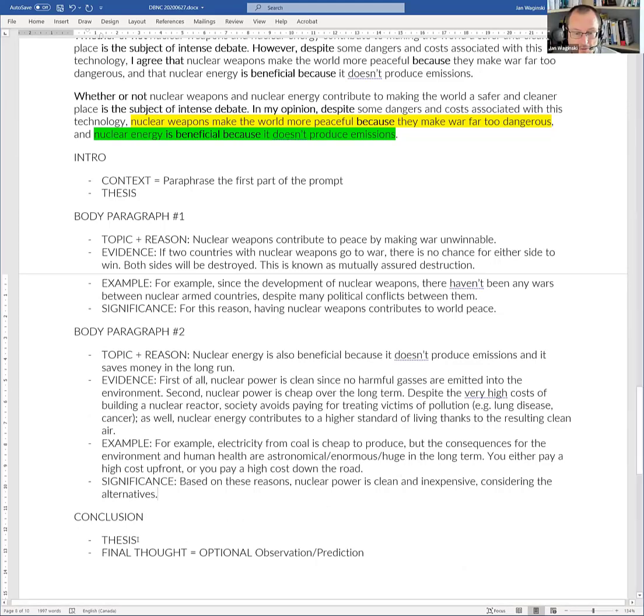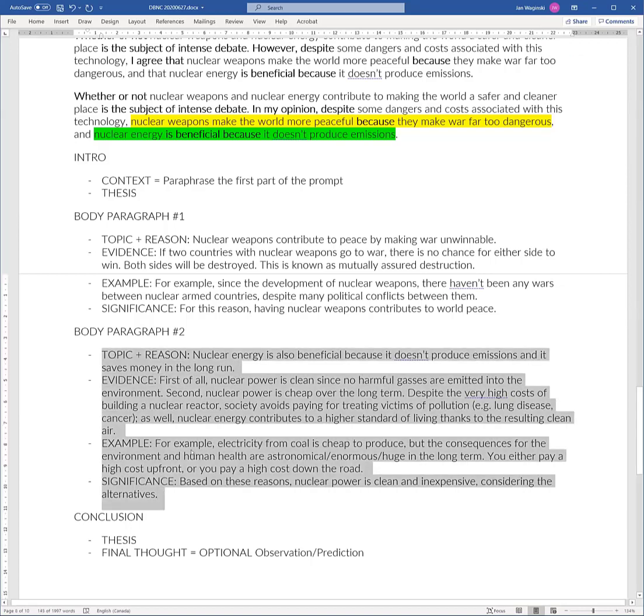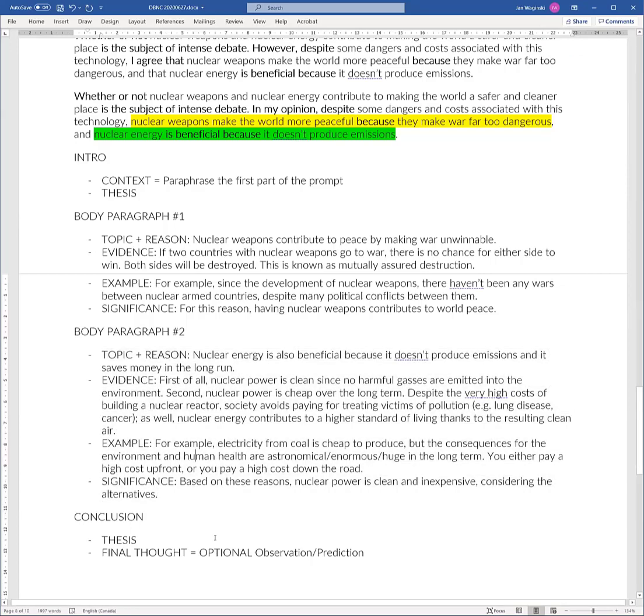Okay, and then in the conclusion, you would restate your thesis, and you can put an observation or a prediction in at the end too. And in the thesis, we repeat the same as above, right? Yes. Because this is a summary paragraph, you don't want to make it too short. I would perhaps even make it 2 sentences.